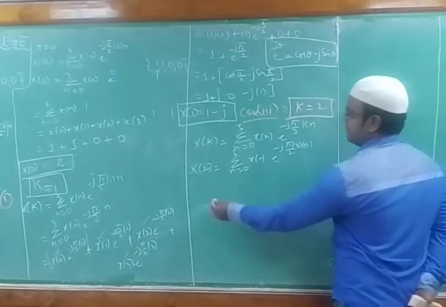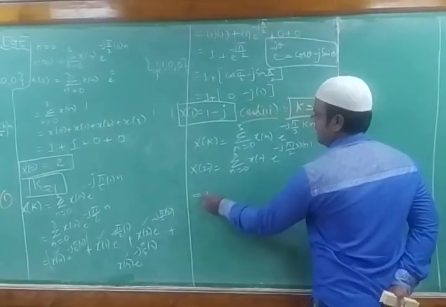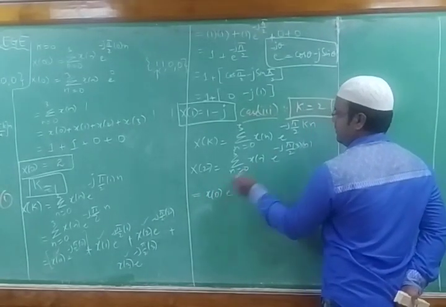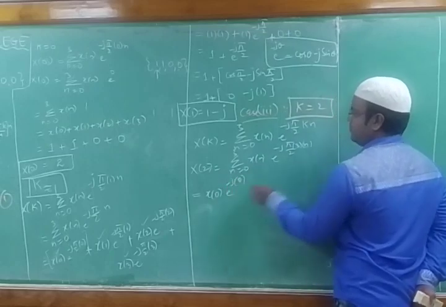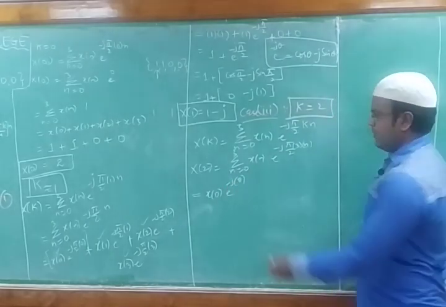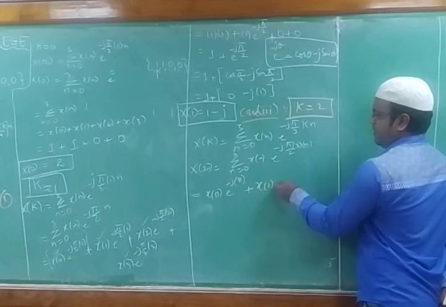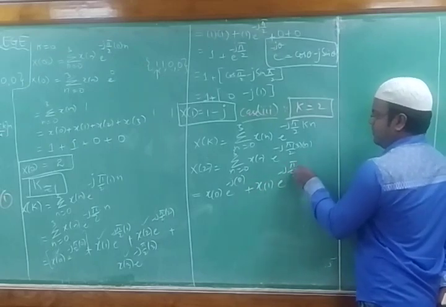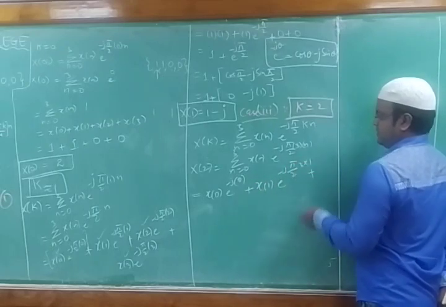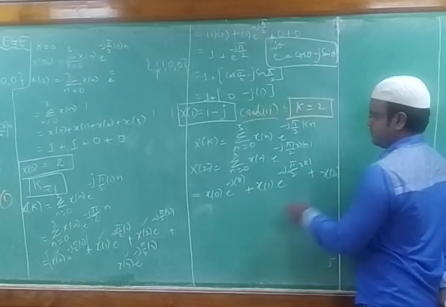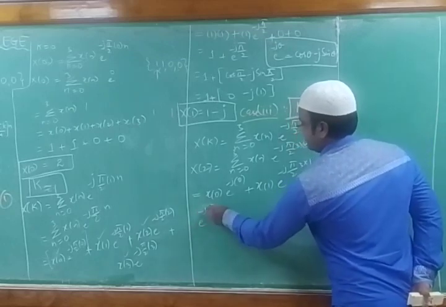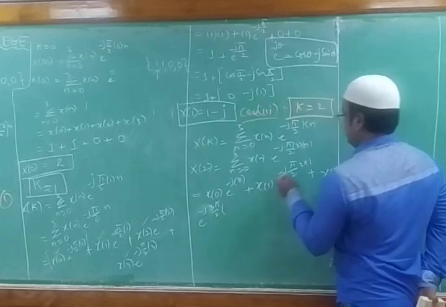Clear? So now put the values of those numbers. So we can write first thing x of 0 e power minus j into something, all will be 0 because n is 0. Next one x of 1 e power minus j pi by 2 3 into 1, plus x of 2 e power minus j 3 pi by 2 into, what is the n value?